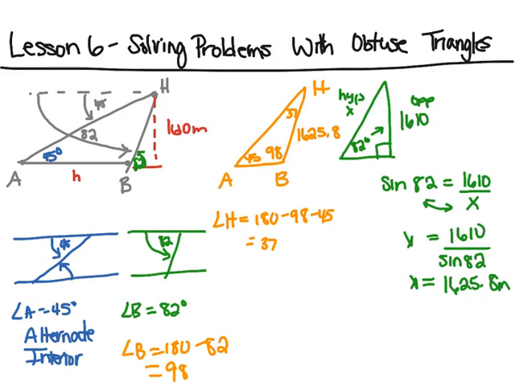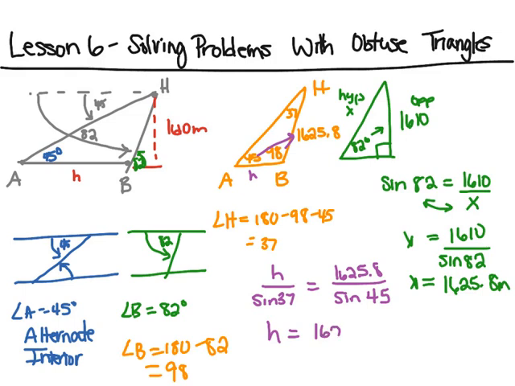So now we're going to use the sine law to find side H, which we need. So H over sine 37 is equal to 1625.8 over sine 45. So H is equal to 1625.8 sine 37 divided by sine 45.